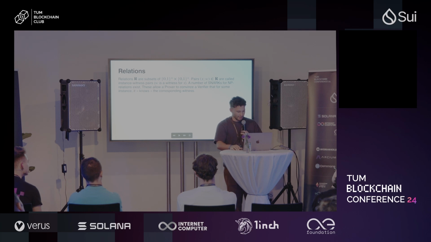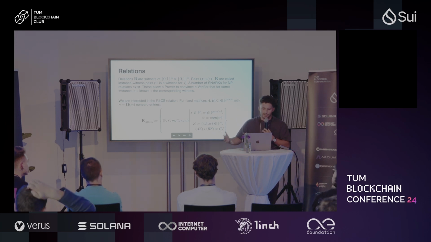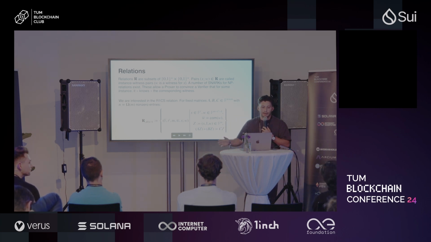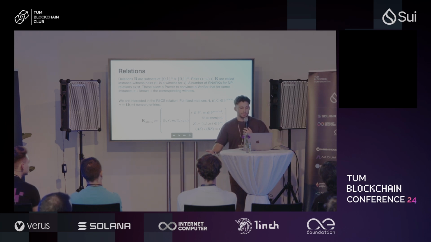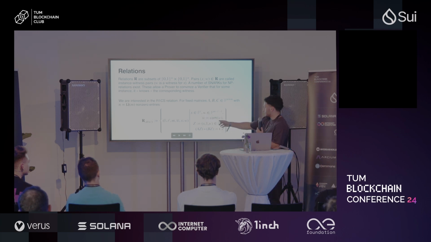Today, because we're thinking about the Nova system in particular, the NP relation that we're interested in is the R1CS relation. It was introduced before, but I'm just going over it again. You fix some square matrices, which have size m and at least m non-zero entries. The R1CS relation essentially says, I know a witness such that if you give me some public inputs x, and I build this vector z as (x, 1, w) with my witness, then this relation holds.